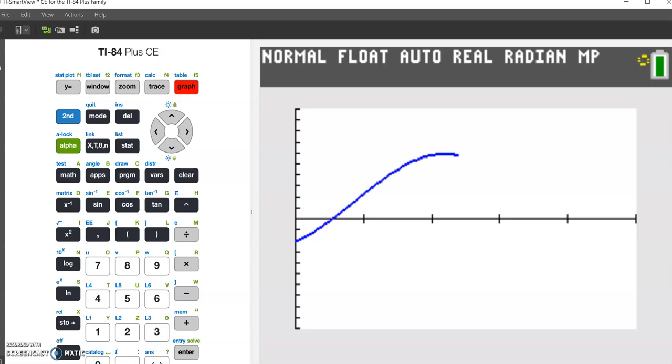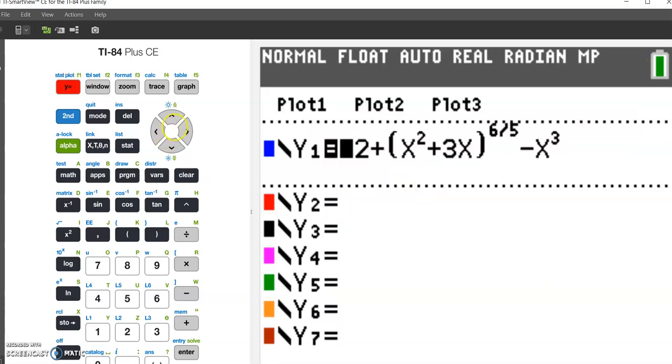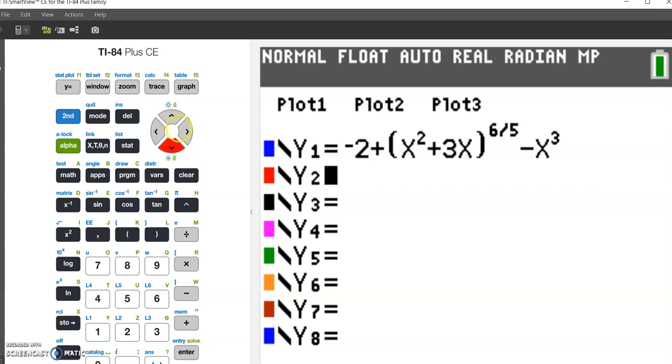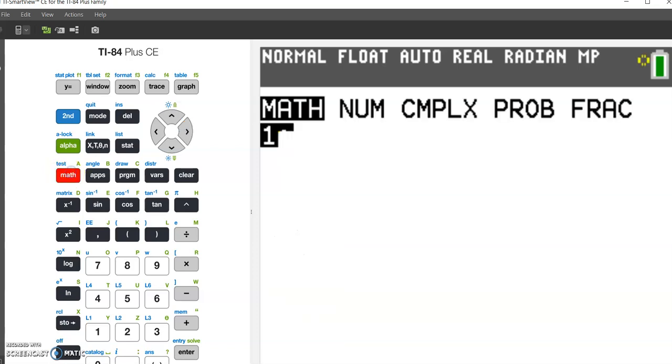The first question says, find all values of t in the interval 2 to 4 for which the speed of the particle is 2. We know that the speed is the absolute value of the velocity, so I'm going to go to y equals. I'm going to turn off y1, and in y2, I want to do the absolute value of y1.